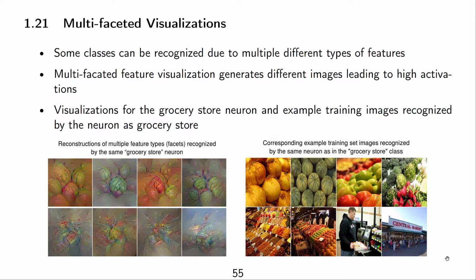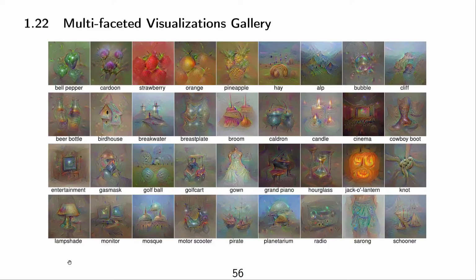Then without going into the exact details of this particular paper, if we look to the bottom left, there would be a visualization attempt that visualizes the different facets, that means the different concepts that go into exciting this grocery store neuron.